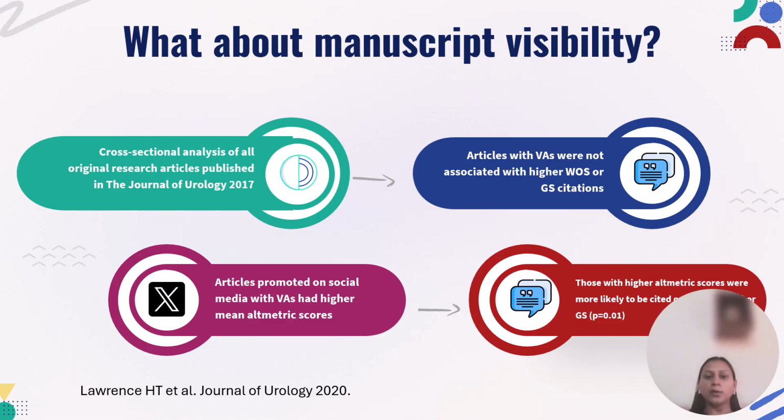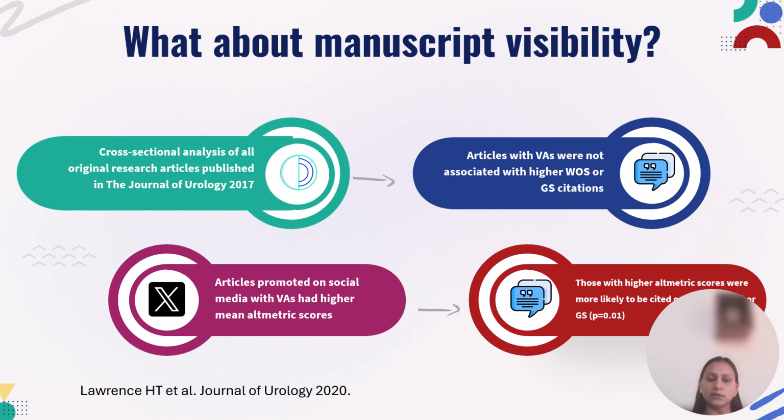Now, what about manuscript visibility? So again, another study was conducted, a cross-sectional analysis of all the original research articles published in the Journal of Urology in the year 2017. And they found that the articles with visual abstracts were not associated with higher Web of Science citation or Google Scholar citation.